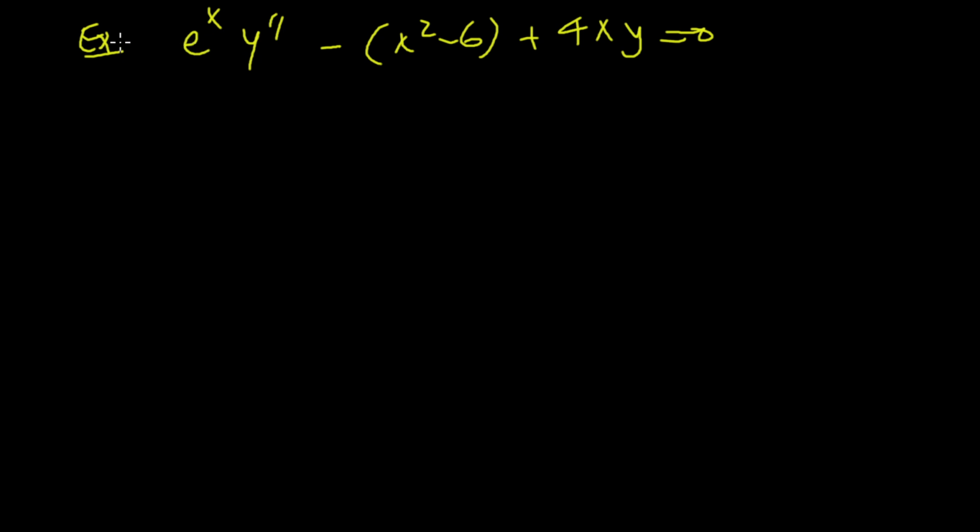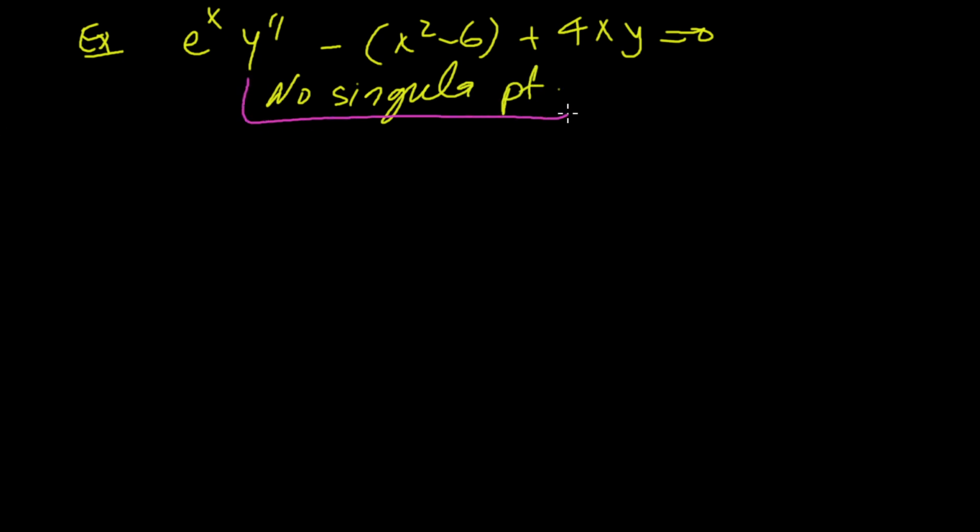So when you divide by e power x, there is no singular point, because e power x cannot be 0.